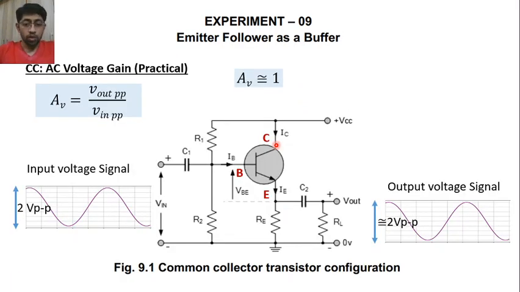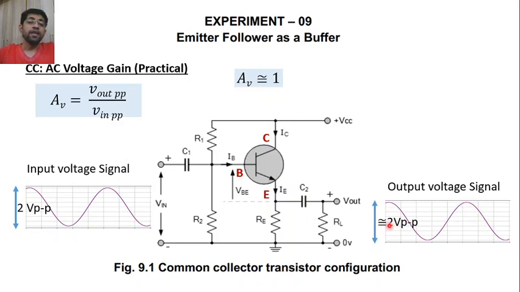So here, let us assume that the input voltage signal applied is a 2 volt peak to peak sinusoidal wave. So output voltage in this case will be approximately equal to the same 2 volt peak to peak sinusoidal wave.